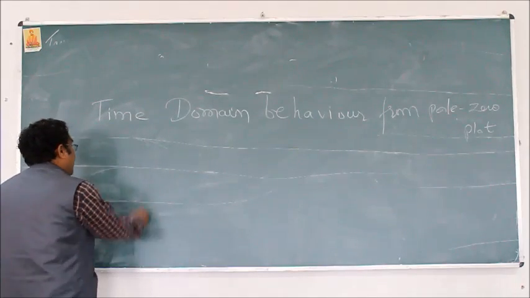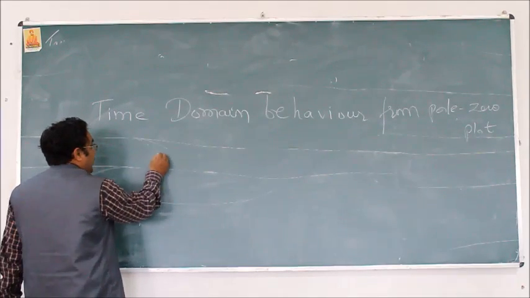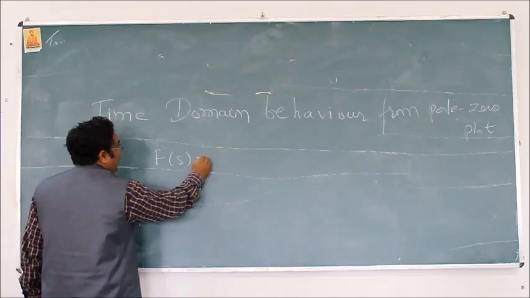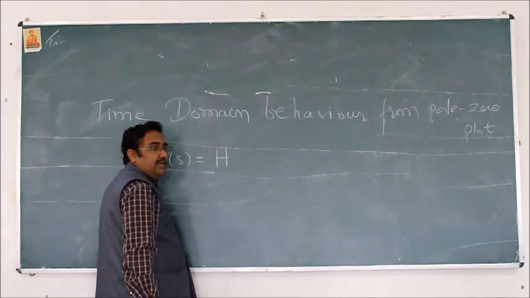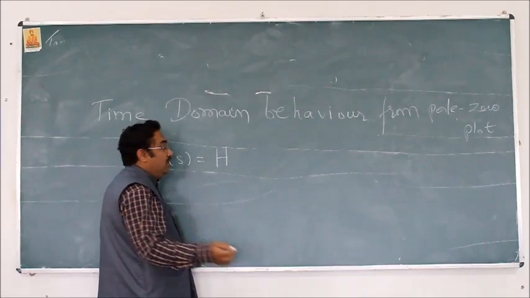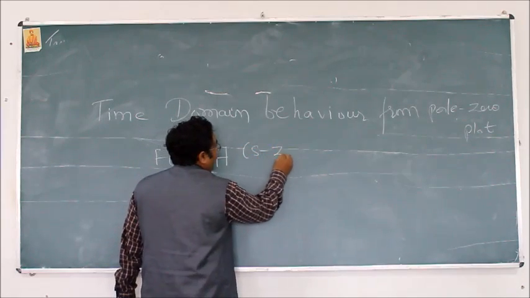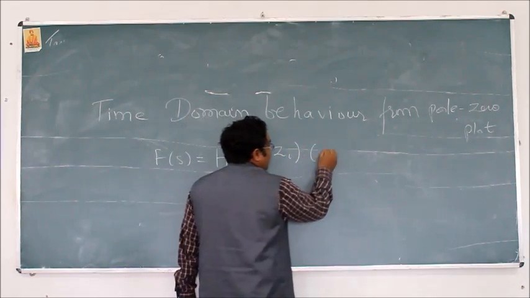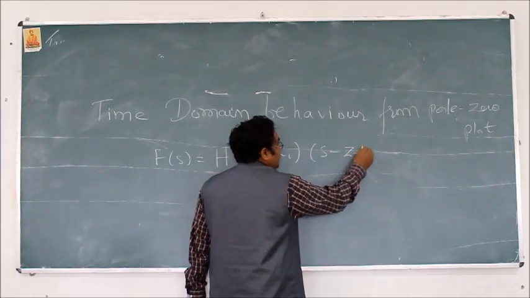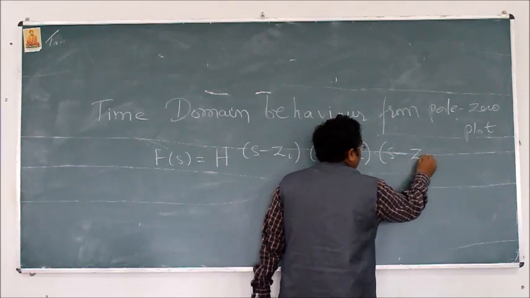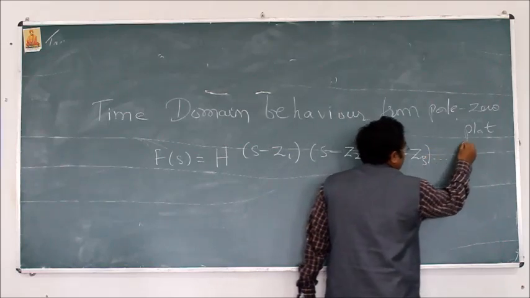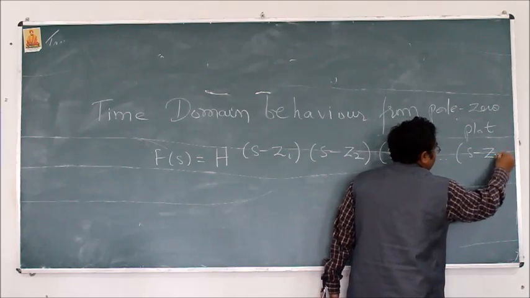Now, what happens if any function, let's say F(s), is of which form? I am giving you a generalized form. There will be a certain constant H or K, whatever you call, and there will be a number of zeros: s minus z1, s minus z2, s minus z3, up to s minus zn.